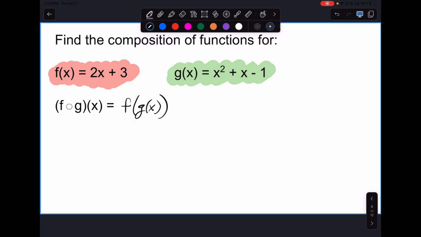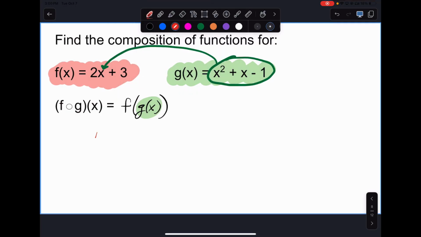Like that. I prefer this one, again, because you can see that we're working inside out. So what this means is that I have this value, g of x, that we're going to replace x with in f of x. So I'm going to take this whole thing, which is my g of x, and put it right here in place of that x.